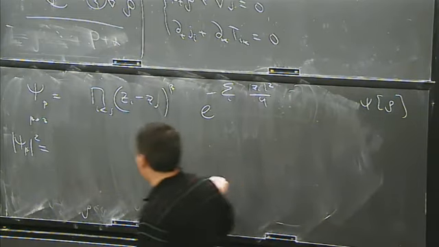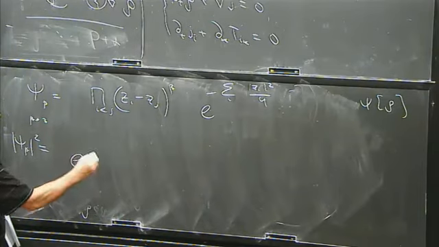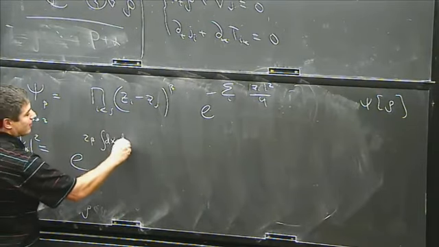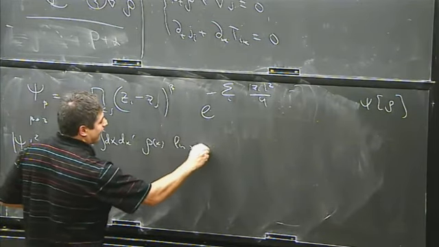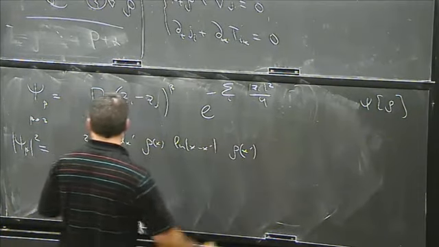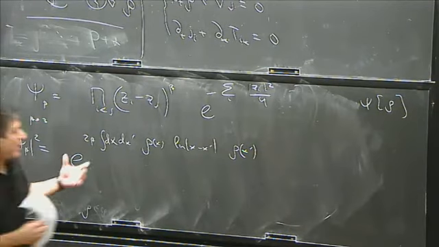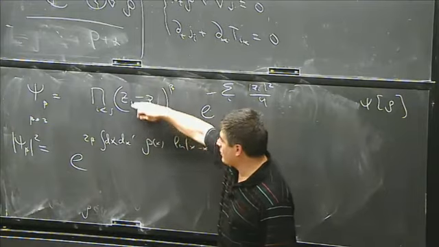And the way to write it is the following. It's e to the 2 beta... Well, this is a very naive way of writing it. What I did is I just exponentiated this.